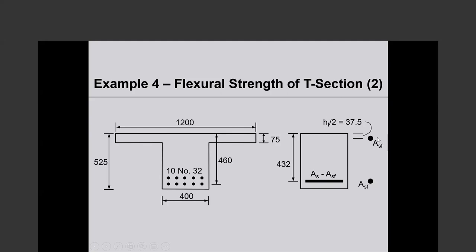We find a steel area that is equivalent to the overhanging flanges. You will see that calculation. The idea is the compression that is resisted by the overhanging flanges will be resisted by, how should I say, A sub SF times F sub Y, which will be equal to the compression that is carried by the concrete in the overhanging flanges.